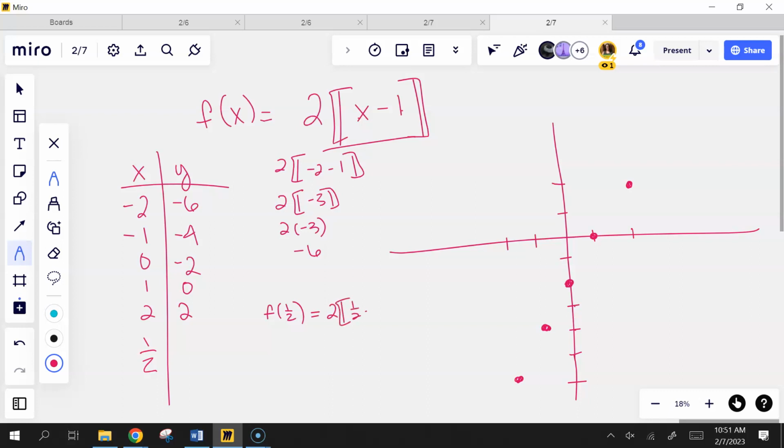Well, I do a half minus 1, right? Which is negative 1/2. What's the greatest integer of negative 1/2? 0. So I got 2 times 0, which is, so at 1/2 is 0, right?